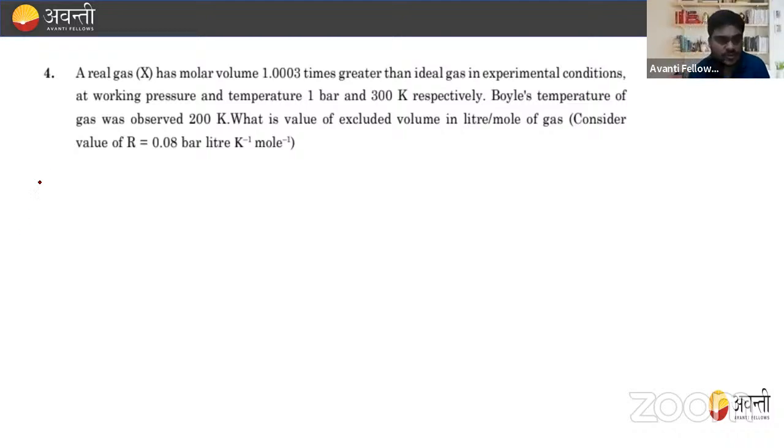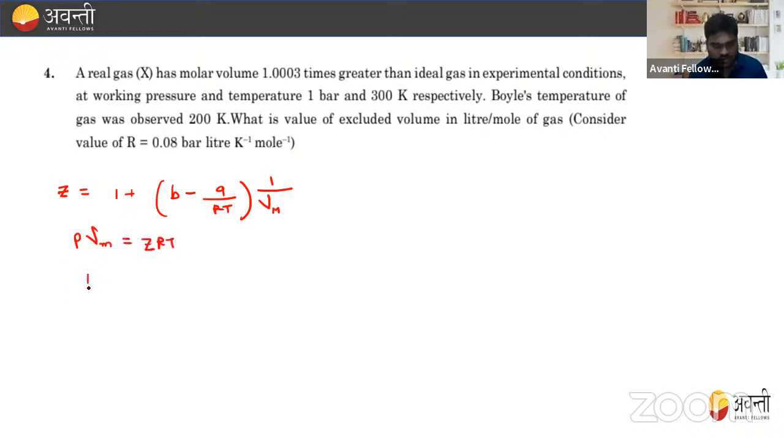So how will you find this? We know that Z is equal to 1 plus (B minus A upon RT) upon V. Now, PVm is also equal to ZRT. So 1 upon Vm is equal to P upon ZRT. Now put the value in this.